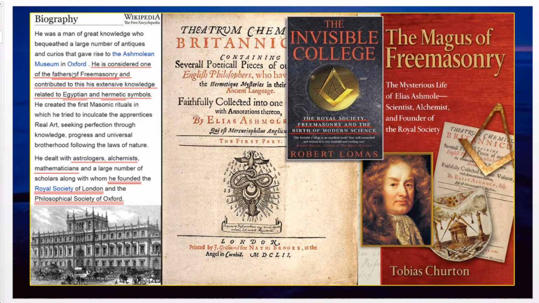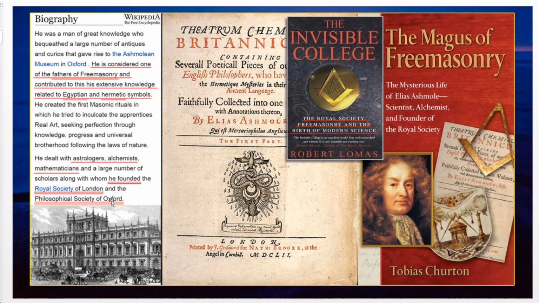He's considered one of the fathers of Freemasonry and contributed his extensive knowledge related to Egyptian and Hermetic symbols. So you have the connection. He dealt with astrologers, alchemists, mathematicians, and a large number of scholars, along with whom he founded the Royal Society of London and the Philosophical Society of Oxford.